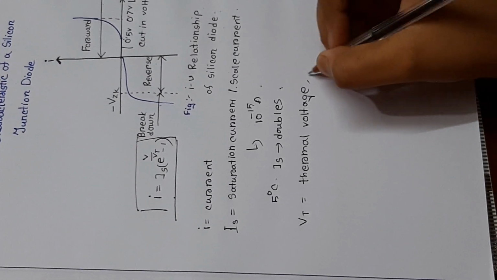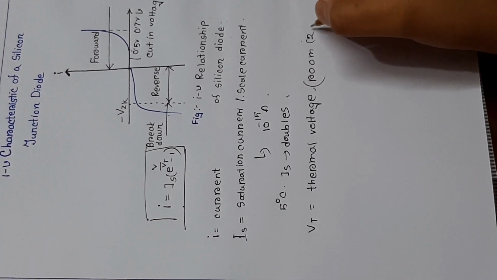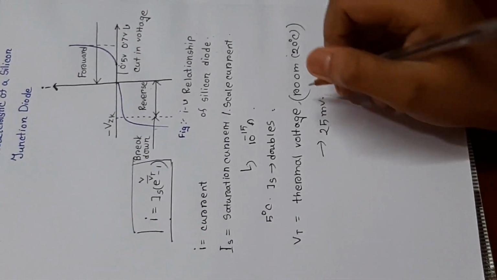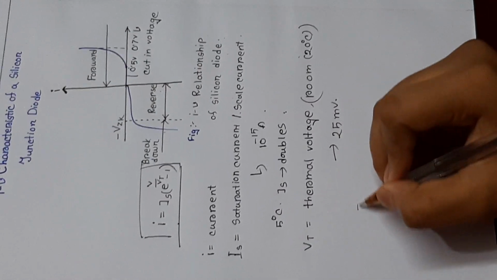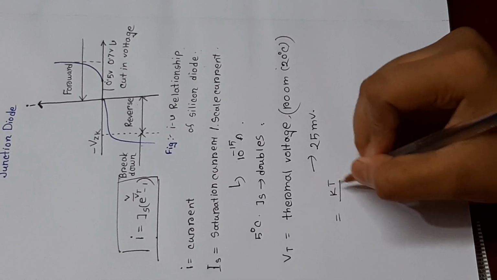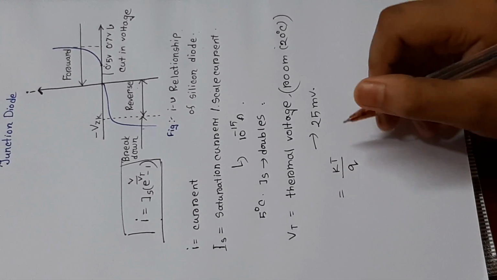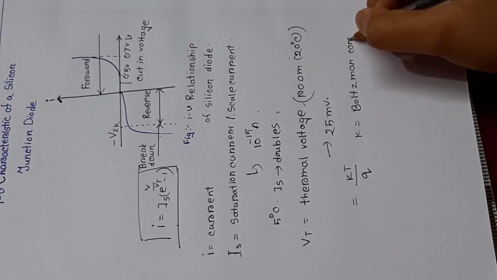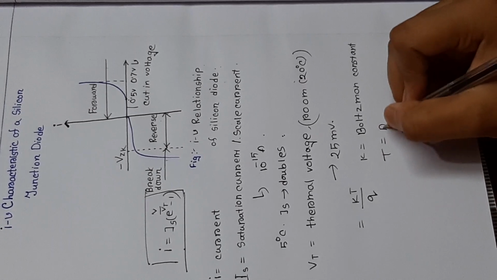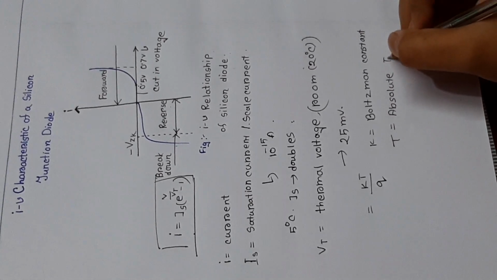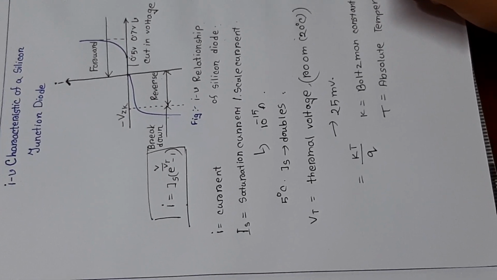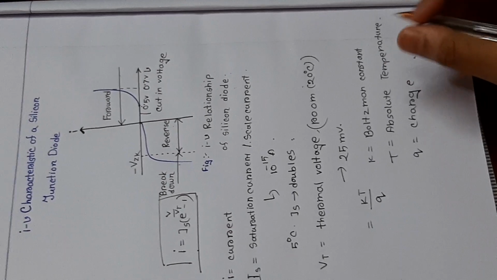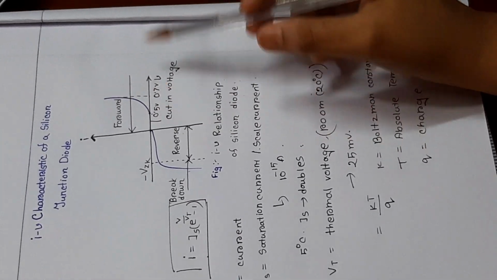At room temperature, that is, we can take 20 degrees Celsius, it is 25 millivolts, and we can find it by kT by q, and in this equation k is the Boltzmann constant, T is the absolute temperature, q is the charge. So this is the characteristic curve.